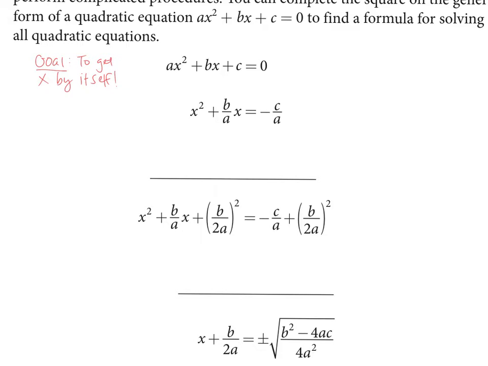Well, here we actually see two steps actually occurred. So the first step of what happened was we actually moved c over to the right side, because we can look at and know that c is going to be on the right side, and we know 0 minus c will be negative c.